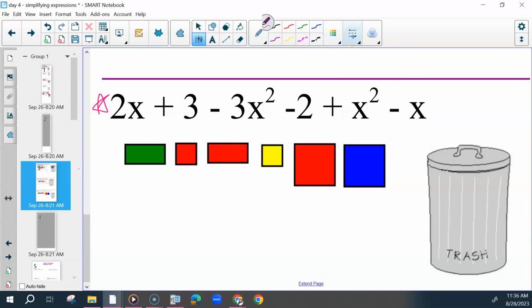Alright, someone tell me what the final answer was. X plus 1 minus 2x squared. Close. We just have to change that order. Highest exponent always goes first, then variables, then constants.